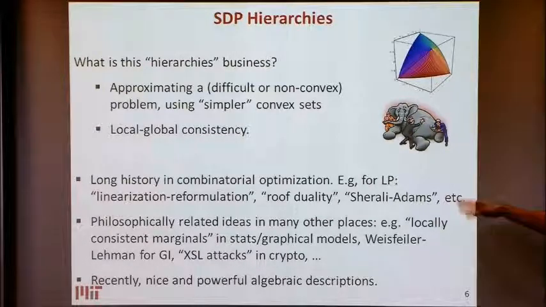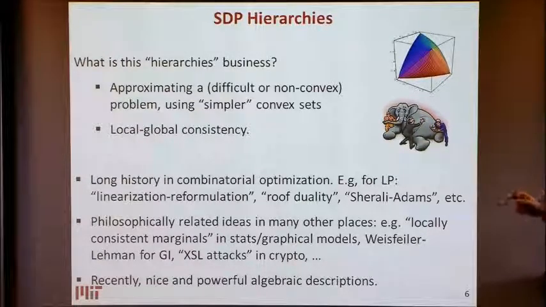And there are a lot of philosophically related ideas in a number of areas. I mean, if you like probability, the idea of locally consistent marginals. You have a joint probability distribution between many variables, and perhaps along every subset, things are consistent, but there may not be a global object. Right? And there's a number of other areas where the same kind of thing is true.